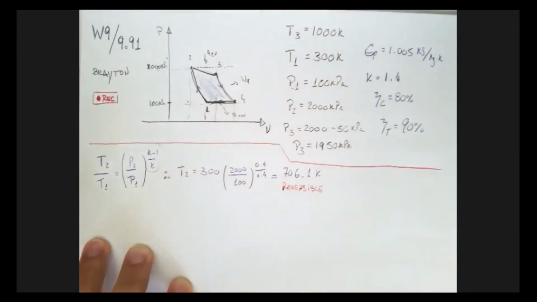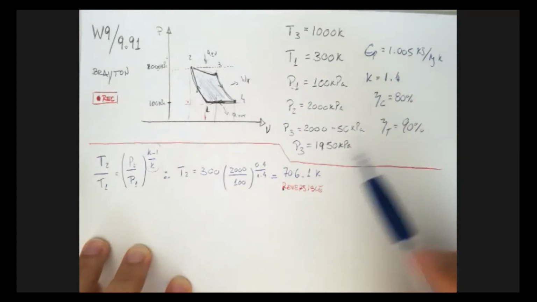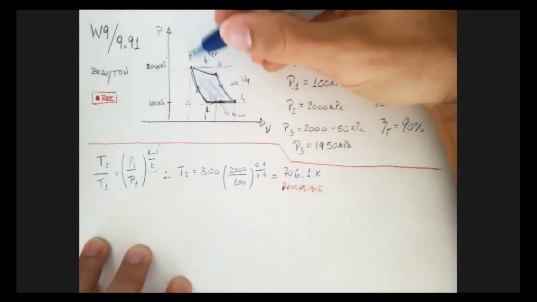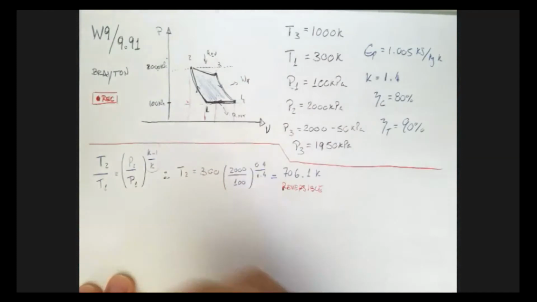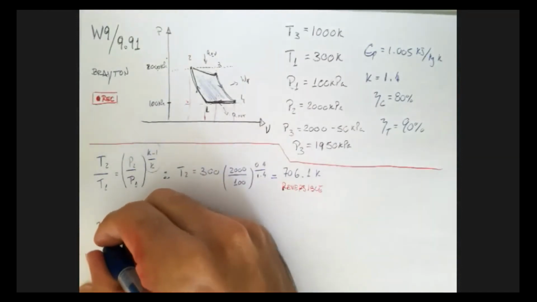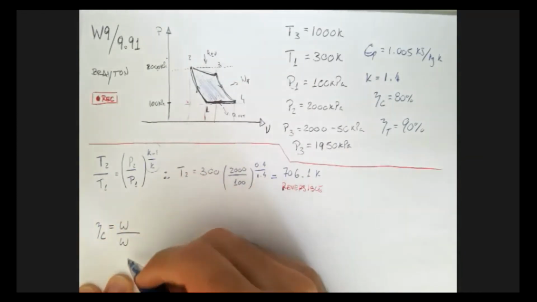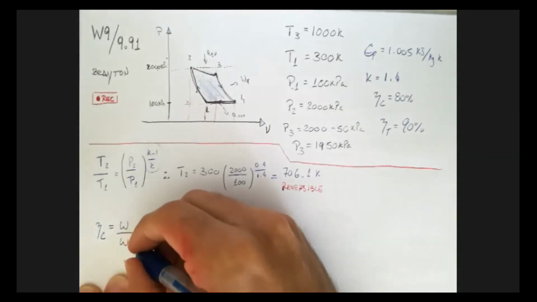Okay, but since we know that's not the case because we actually have a compressor that's 80% efficient, we can think of it as the compressor actually going to a higher temperature than it would have to because of these irreversibilities. How do we do that? Well, the efficiency of the compressor, if you guys recall, is just going to be the work over the work. Which one is greater in the case of the compressor? Well, the actual one is going to be greater, right?